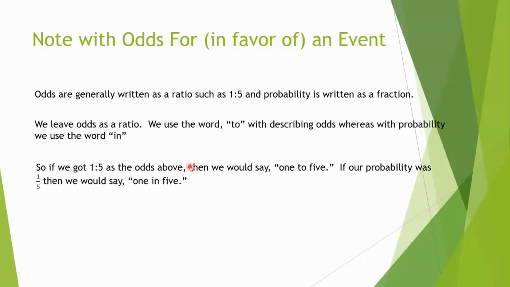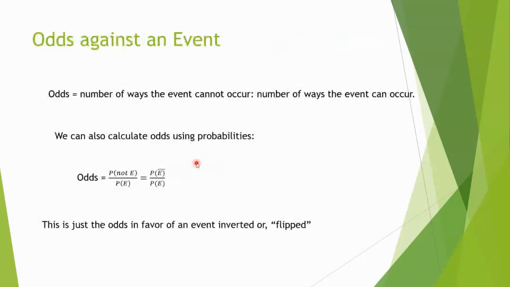Now, that's the odds in favor of. What about the odds against? Well, the odds against are actually pretty easy. It's just a reciprocal. That is, it's just the odds in favor of, but you invert it. You can see that from here. The number of ways the event cannot occur to the number of ways the event can occur. So the odds against an event.